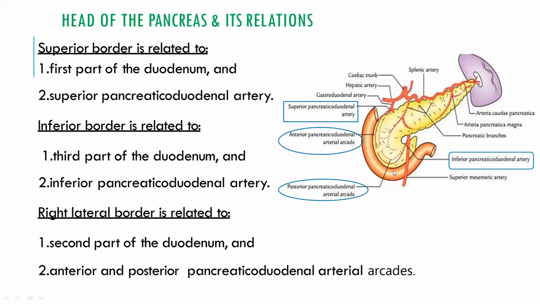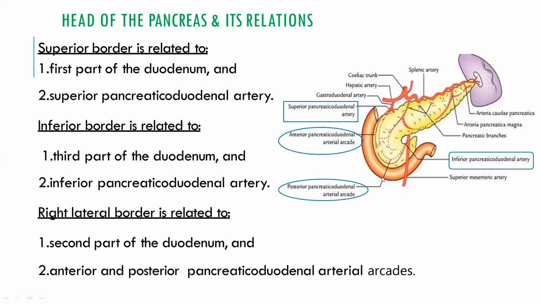After knowing what the borders are related to in the duodenum, you have to know the arteries related to those borders. The superior border is related to the superior pancreatico-duodenal artery, the inferior border to the inferior pancreatico-duodenal artery, and the right lateral border to the anterior and posterior pancreatico-duodenal arterial arcades.